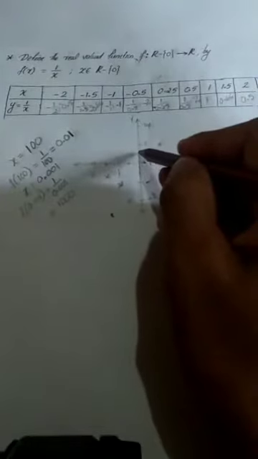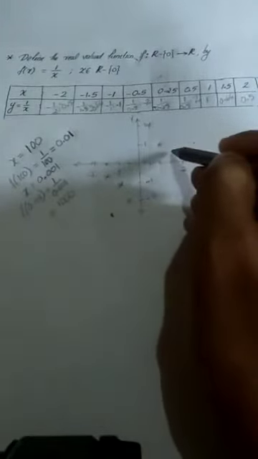Image of 0.5 is equal to 2. And image of 1.5 is 0.66. Image of 2 is 0.5. It is here. So the graph is like this.